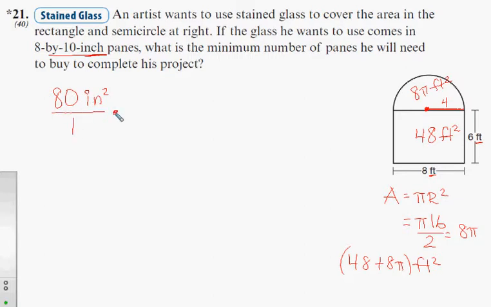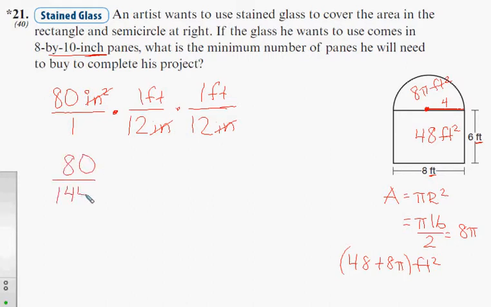You know how to do that. There's 12 inches in 1 foot, so here we have a conversion factor, but we have to use 2 conversion factors because it's square inches, okay? So it's both of these inches that help us cancel that. So then we get 80 divided by 144 square feet.